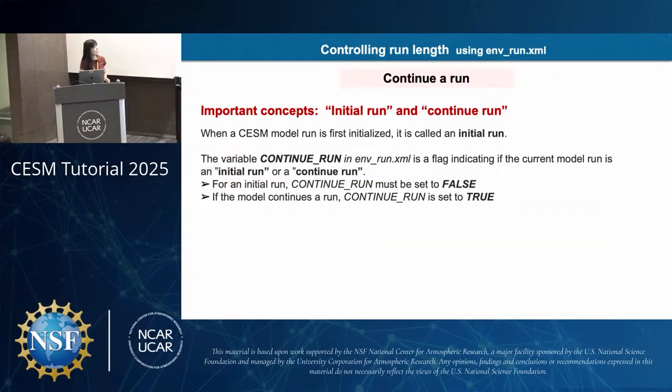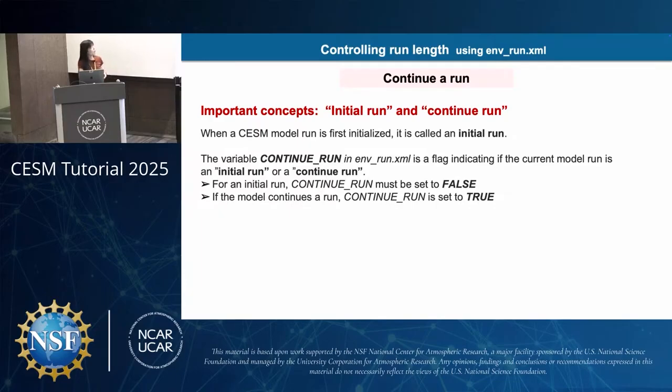Another important concept is continue run. In the example, we want to submit a long simulation and it is divided into smaller pieces. At each job submission, it can either be an initial run, which means that it starts from the very beginning of the simulation, or it should be a continue run, meaning that you want this job submission to continue from a previously completed job submission, right?